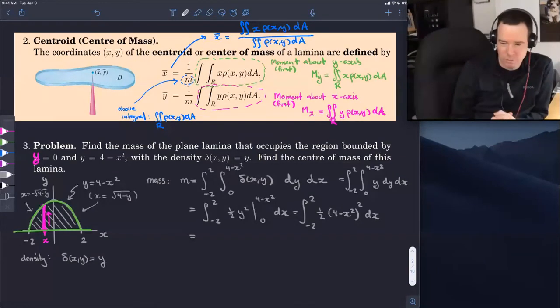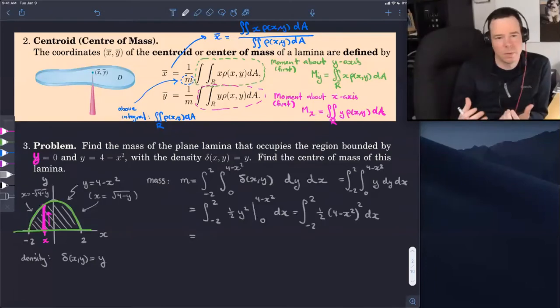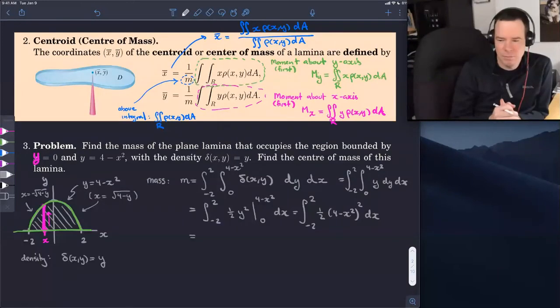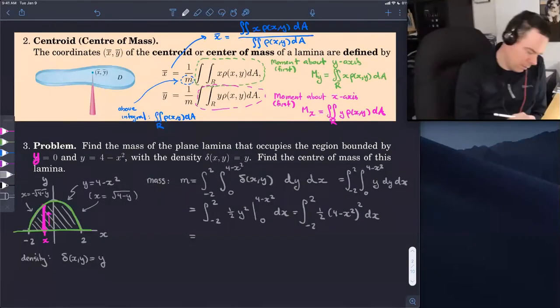So for example, if I stare at this integral, I'm integrating from -2 to 2, so I'm integrating over a symmetric interval. And my function is an even function. The only place x appears is under an x squared. So it's an even function over a symmetric interval, so I can exploit symmetry here.